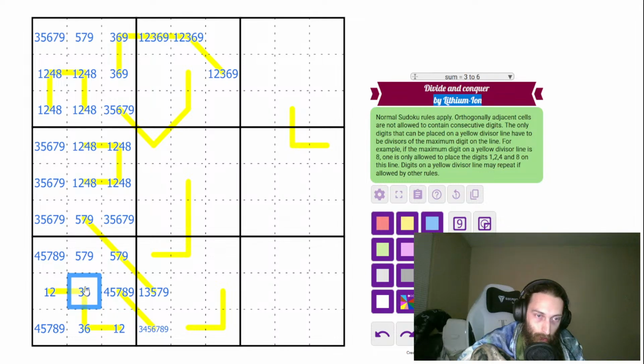This was a 6. That would be a 9. This would have to be 4 or 8. Mm-hmm.